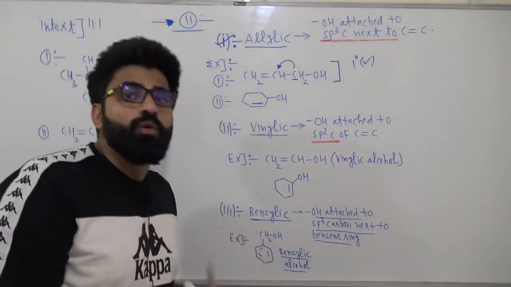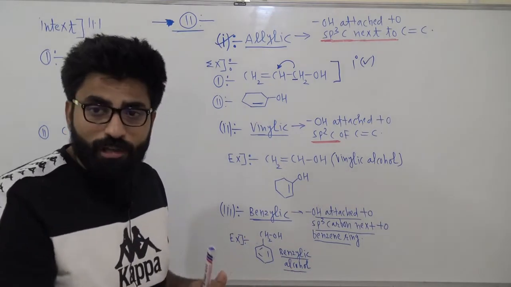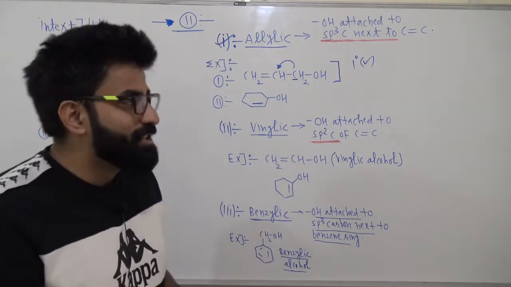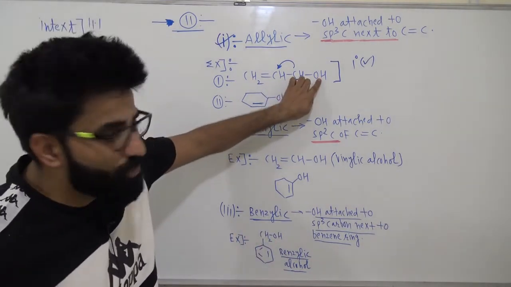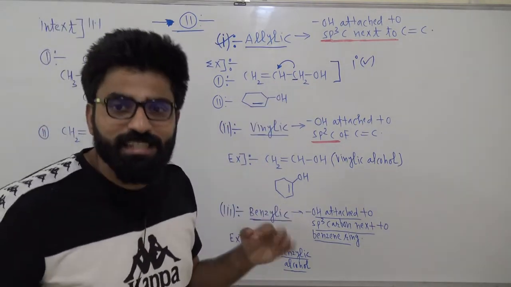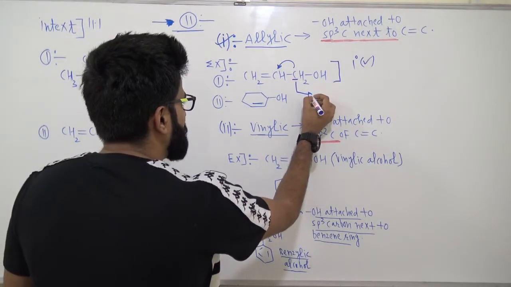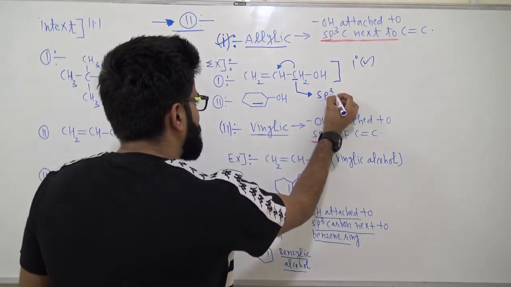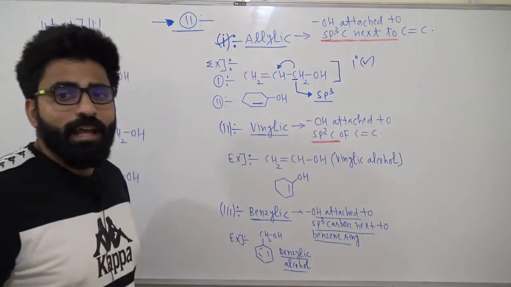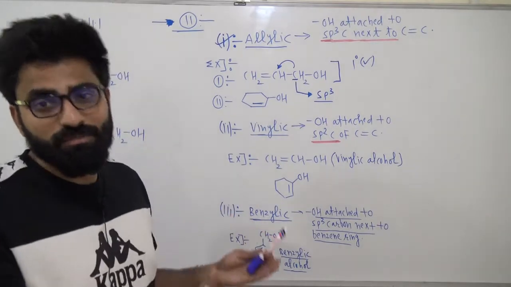Now I'm asking you whether it is allylic alcohol, benzylic alcohol or vinylic alcohol. So how to check that, right? So I have already written, if you see this OH, it is attached to this carbon, and if I ask you what is the hybridization of this carbon, then I hope maximum of you know how to identify hybridization. So the hybridization of this carbon is sp3, and if you don't know then put a comment, I will discuss hybridization as well, right?